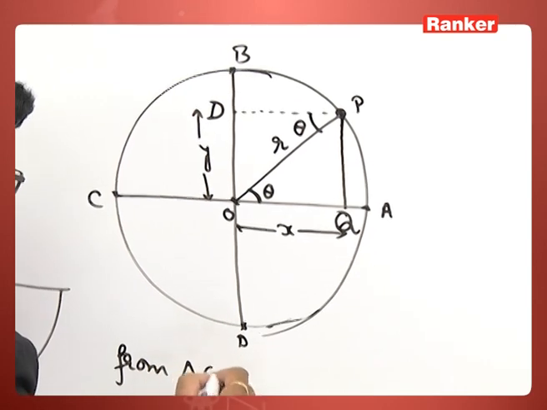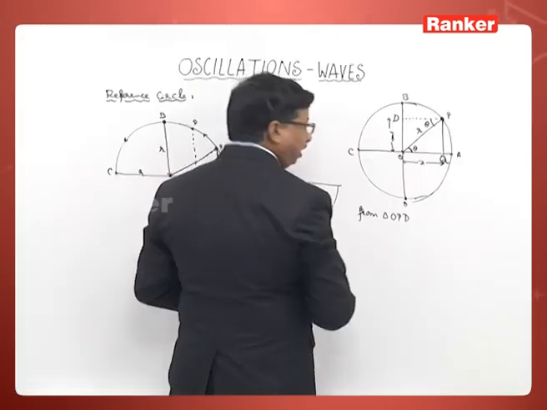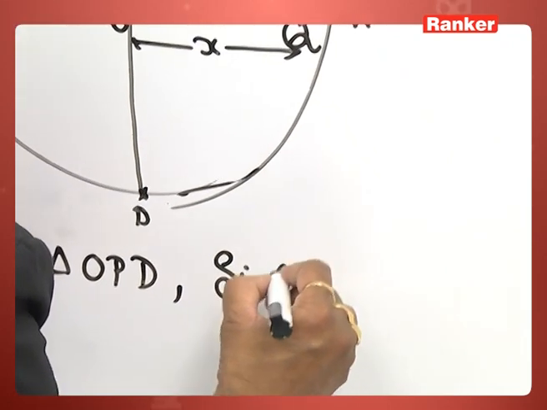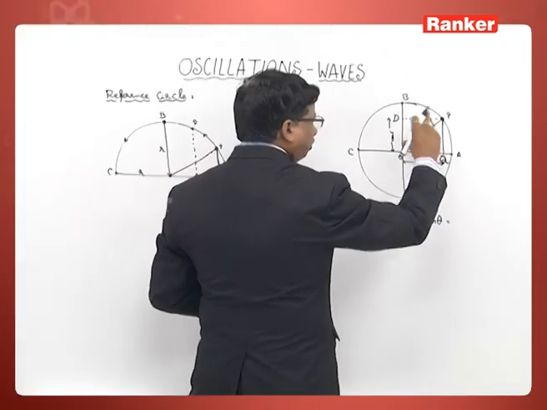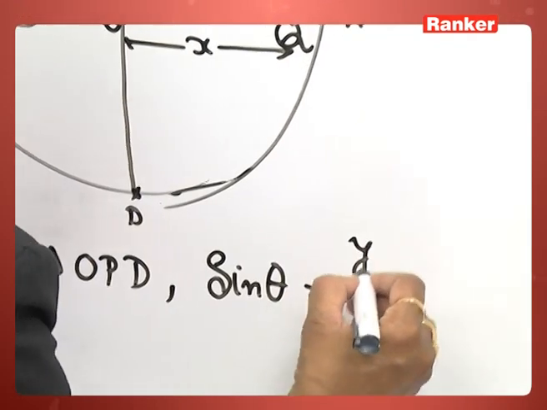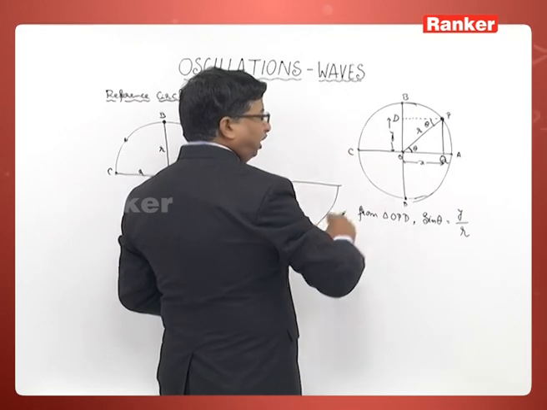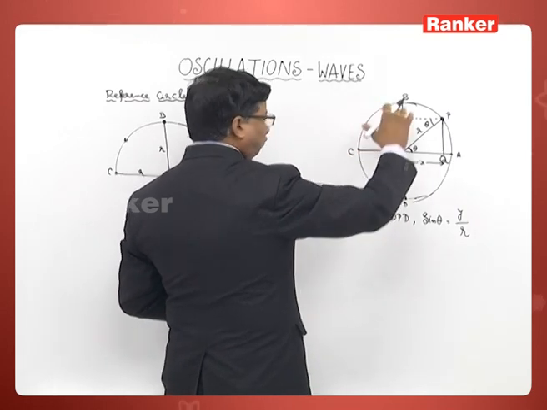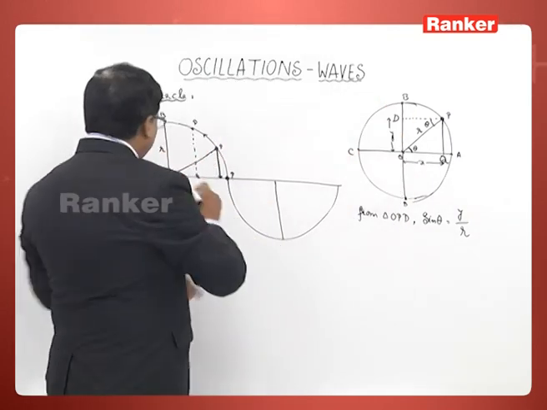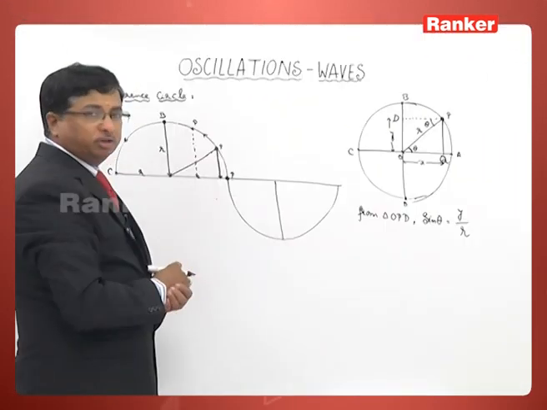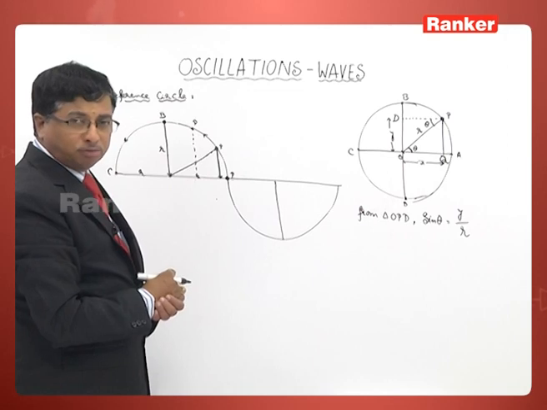From triangle OPD, tell me what is the value of sin theta. This sin theta is opposite by hypotenuse, which is y over r. And one thing you definitely can understand: whenever I consider this like a wave, the maximum displacement of the vibrating particle from its mean position of rest, we call amplitude.